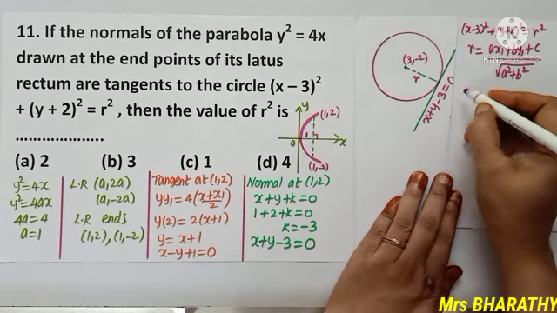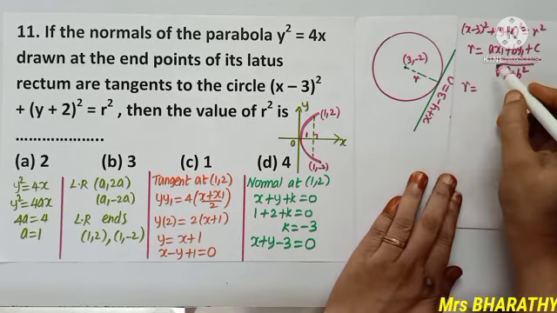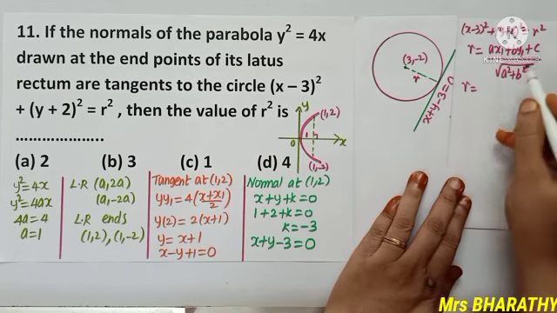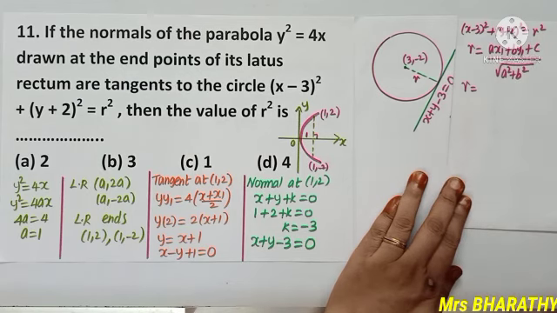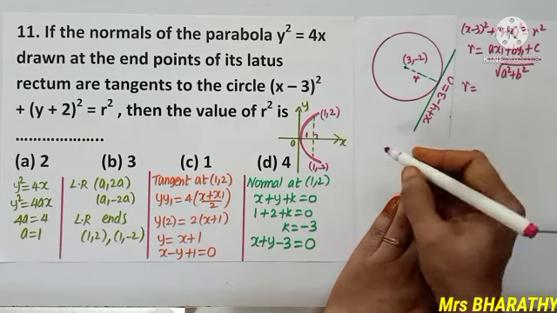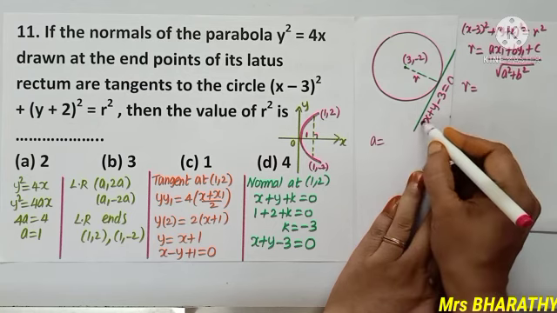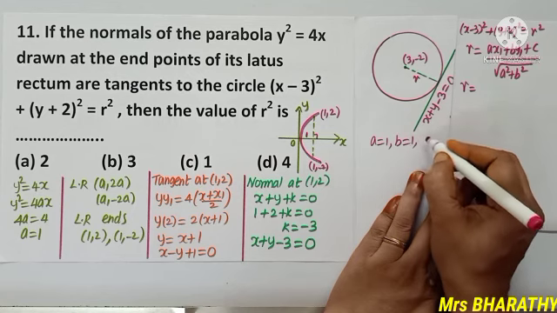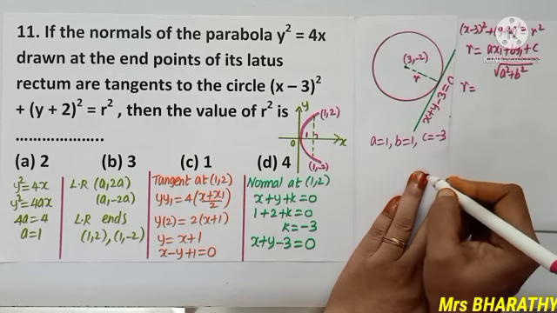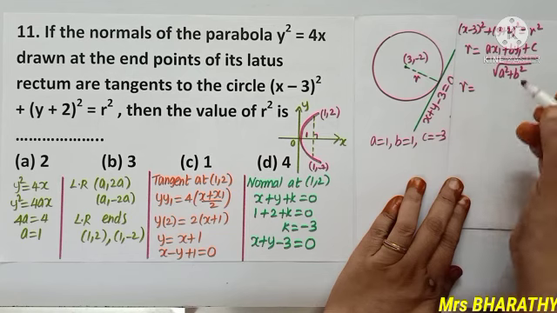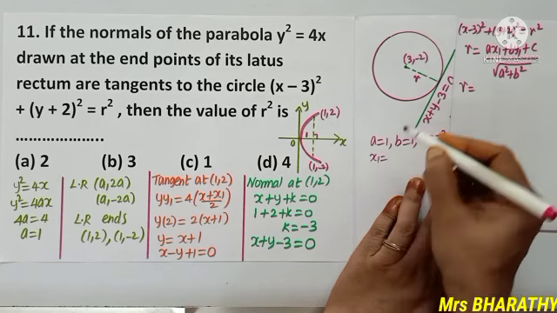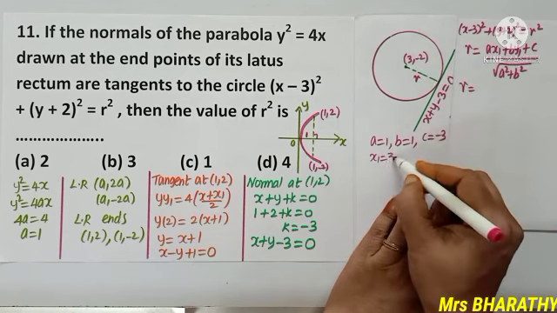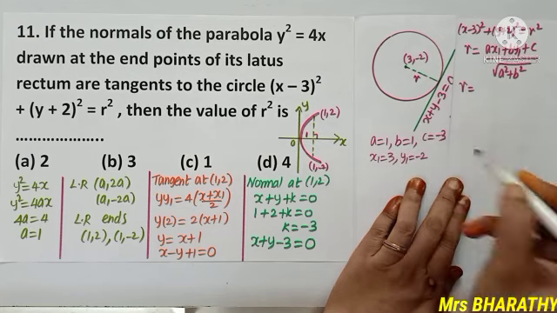R equals the distance formula, say ax1 plus by1 plus c by root of a square plus b square. In this question, a value, here the coefficient is 1. B value, the coefficient is 1, C value minus 3. And x1 is the center, that is 3, and y1 is minus 2.